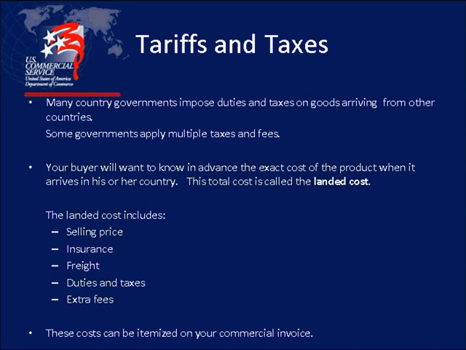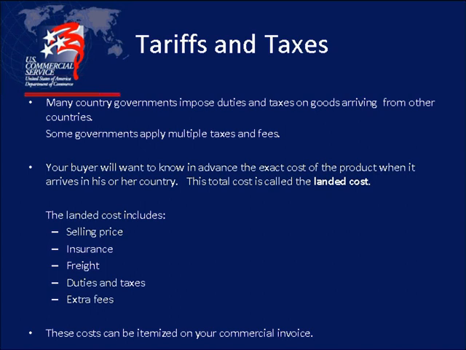And remember, these are estimates. You will try to the best of your ability to estimate them accurately, but in the end, the people who will determine the tax and the duty will be the customs people in the country to which your goods are being sent. So you need to make sure your buyer understands that these are estimates.